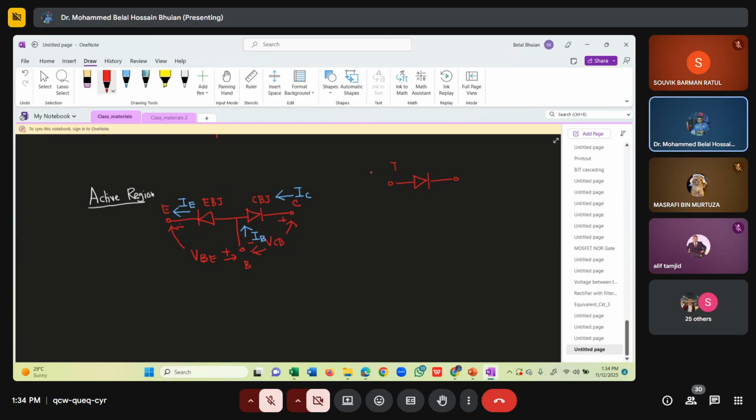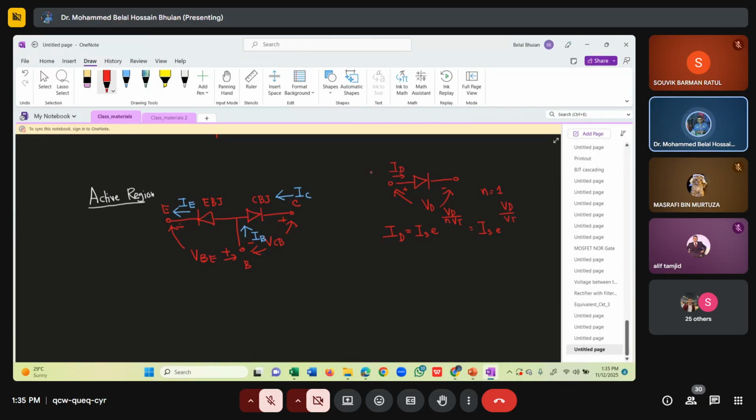The current that is flowing is ID, and the voltage that we apply is VD, plus minus. We already learned according to the diode equation, ID equals IS e to the power VD over nVT. And if we consider n equal to 1, we get IS e to the power VD over VT.